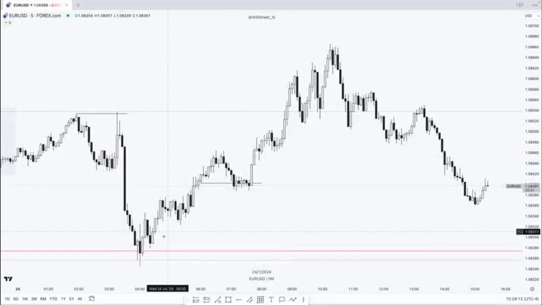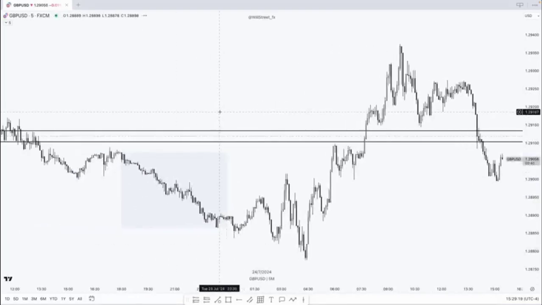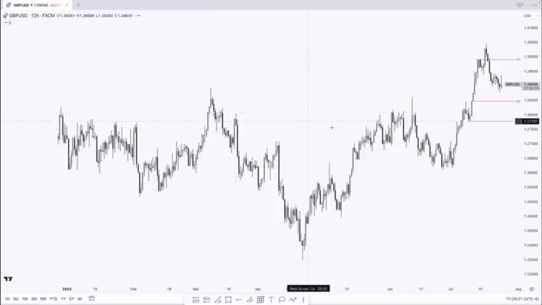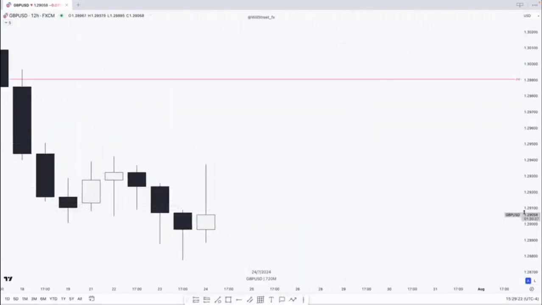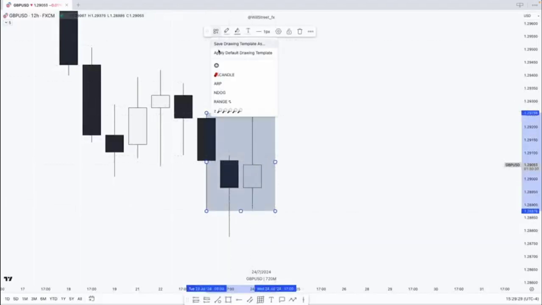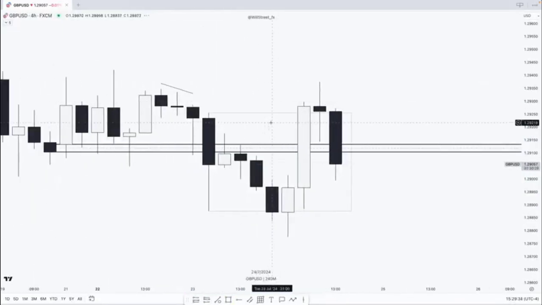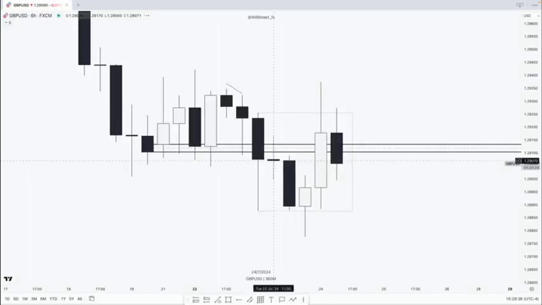Alright, so next pair will be GBP/USD here. Look at how beautiful this 12-hour range is. Let's refine if we have something. Nothing here, but look at this.